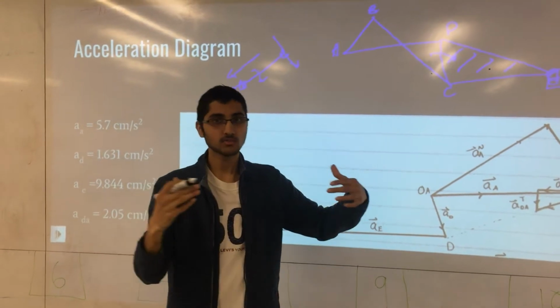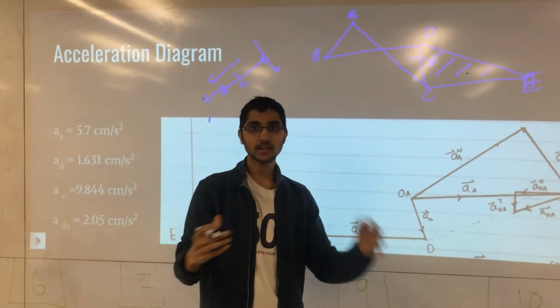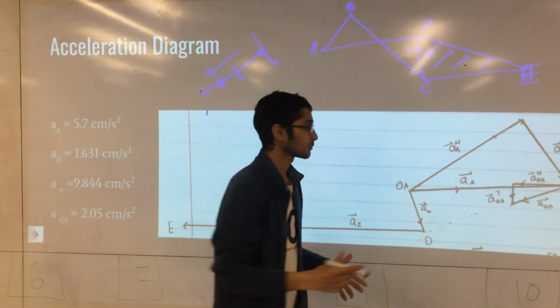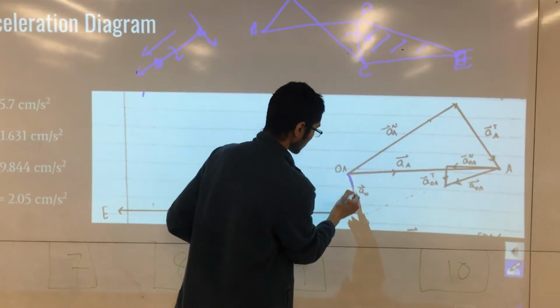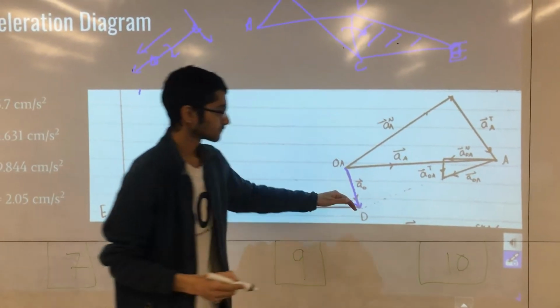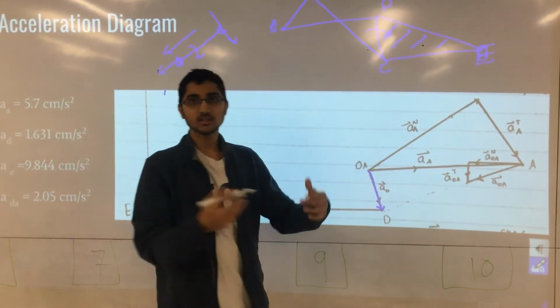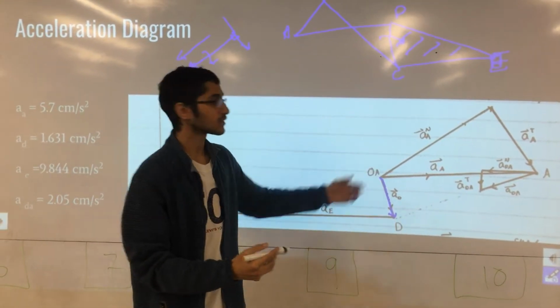That means on the acceleration diagram, this would only have a normal component and no tangential component. So that's right over here. AD, we didn't write N because this is the absolute acceleration of D relative to ground.